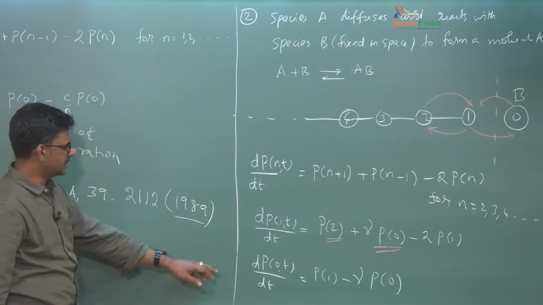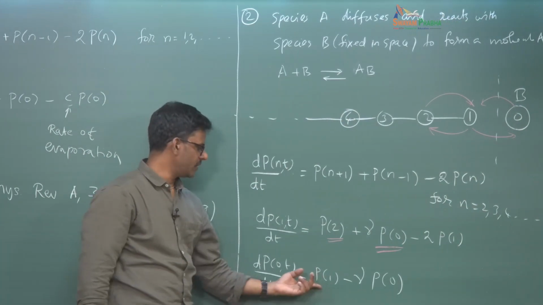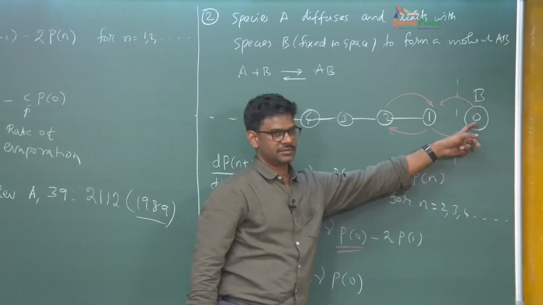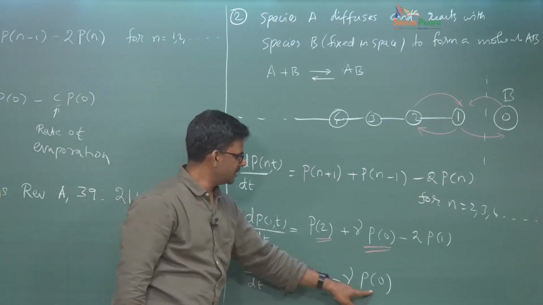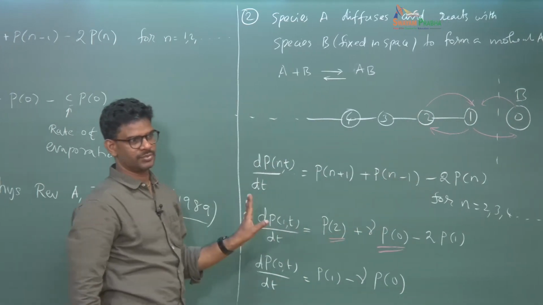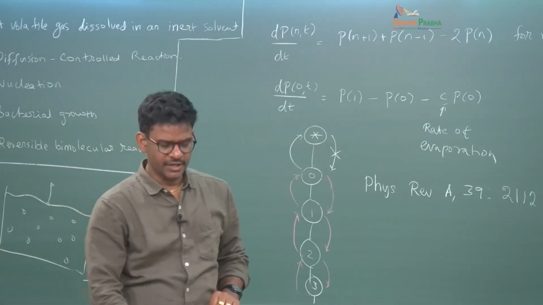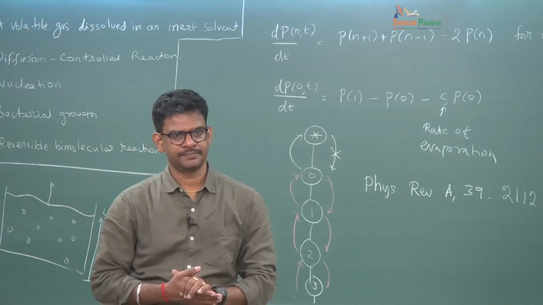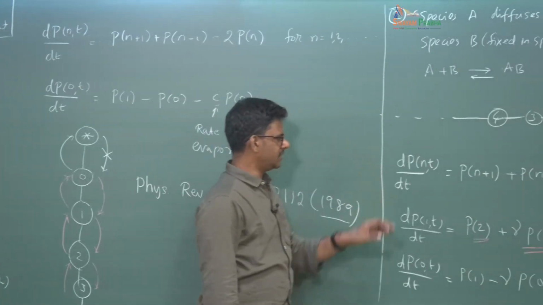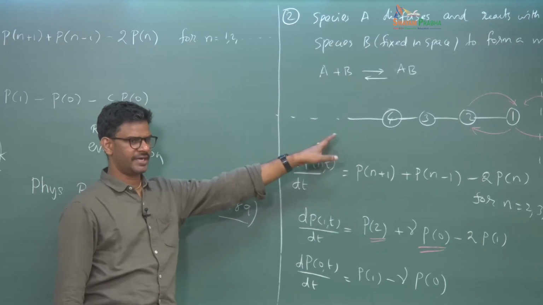Whereas if I look at this state, that's very clear. You have one random walk jumping from here to here, creating it, and then there is a dissociation backward. Very simple. It's a probability per unit time. So in all these cases, handling diffusion is easy, in one dimension or n dimensions.